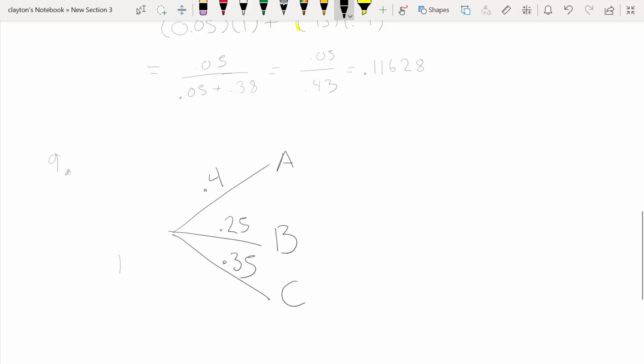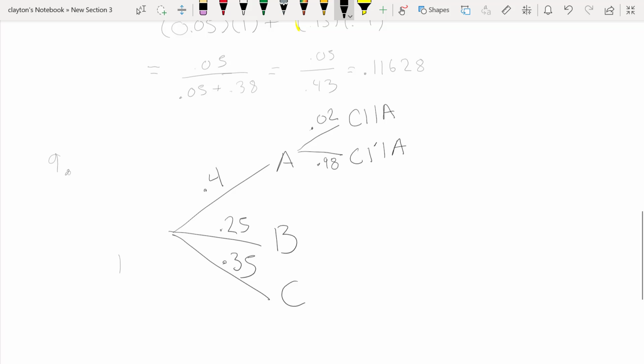Okay, the company's records show that each year 2% of the customers in age group A make a claim. And so we'll say claim, CL given A, is 0.02, which means no claim, given that you're in A, is equal to 0.98.